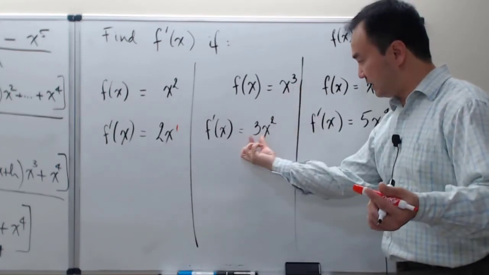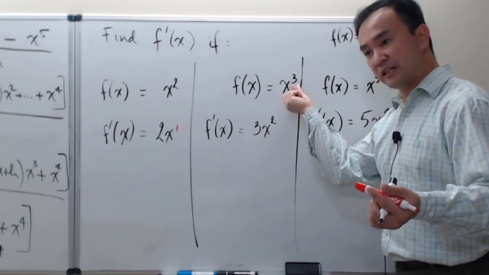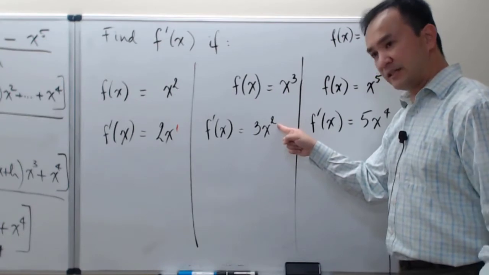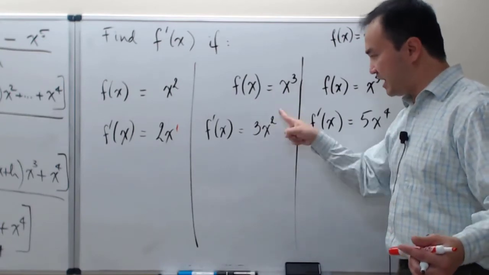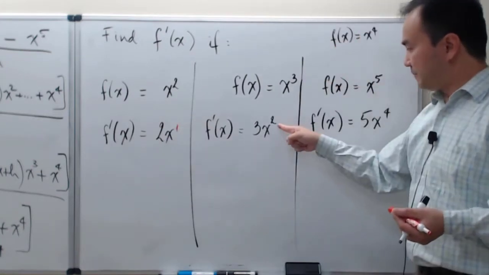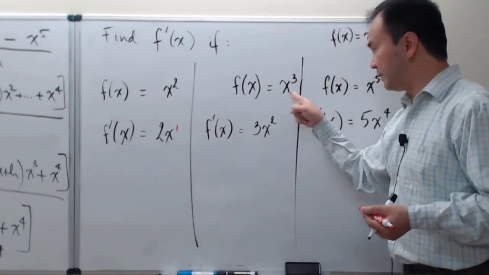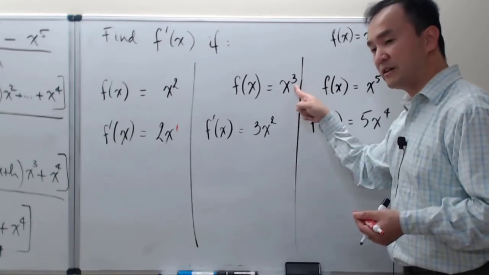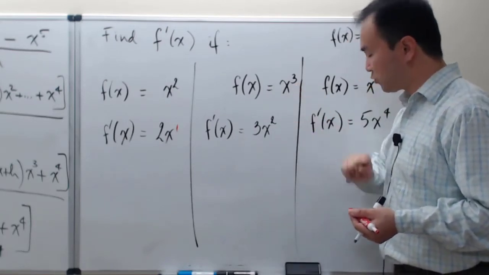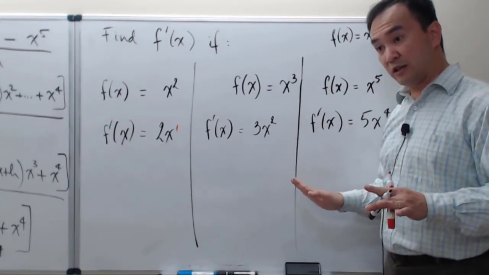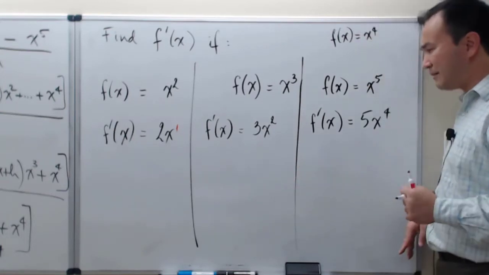So 3 here is the power that was originally there with our function. And the power 2 this time is perfectly consistent with what we recognized earlier: the power 2 in the derivative is the power 3 from the original function minus 1. And so we're starting to feel a little more firm about this.